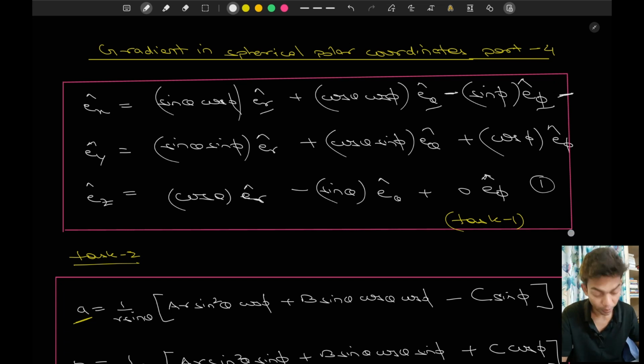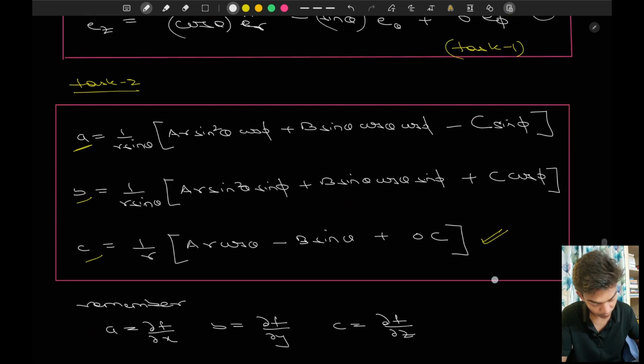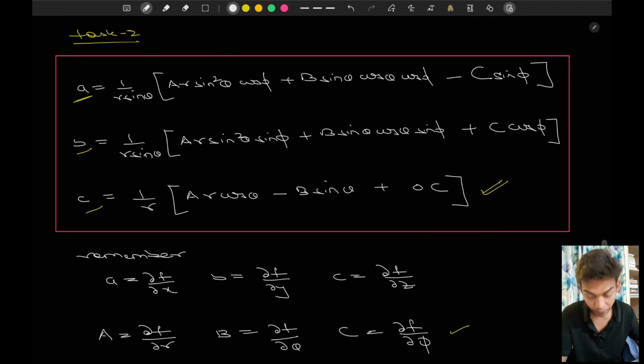That was our task 1, and our task 2 was to write the Cartesian derivatives, that is del f by del x, del f by del y, and del f by del z, in terms of polar derivatives.